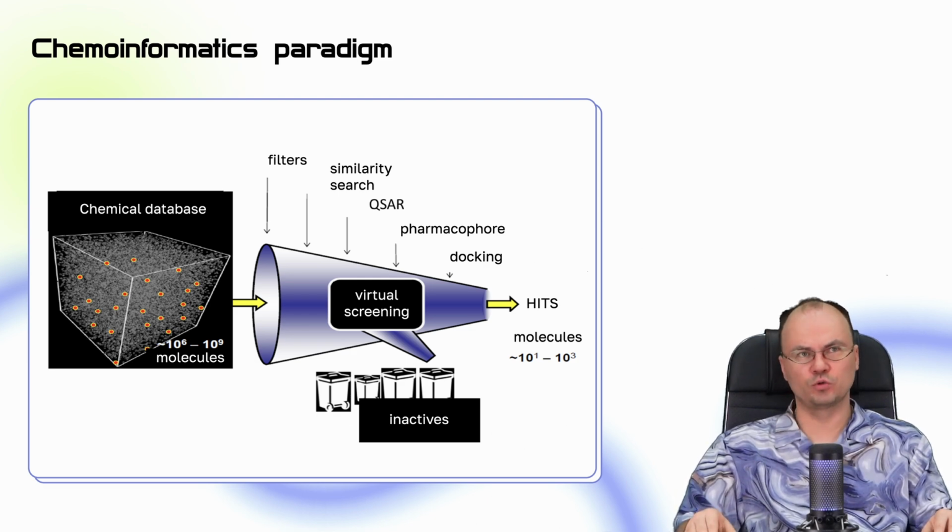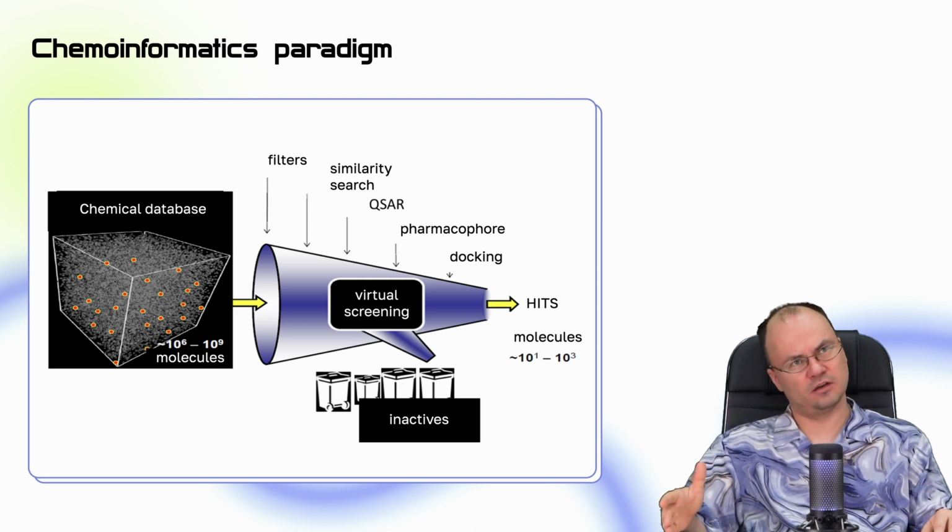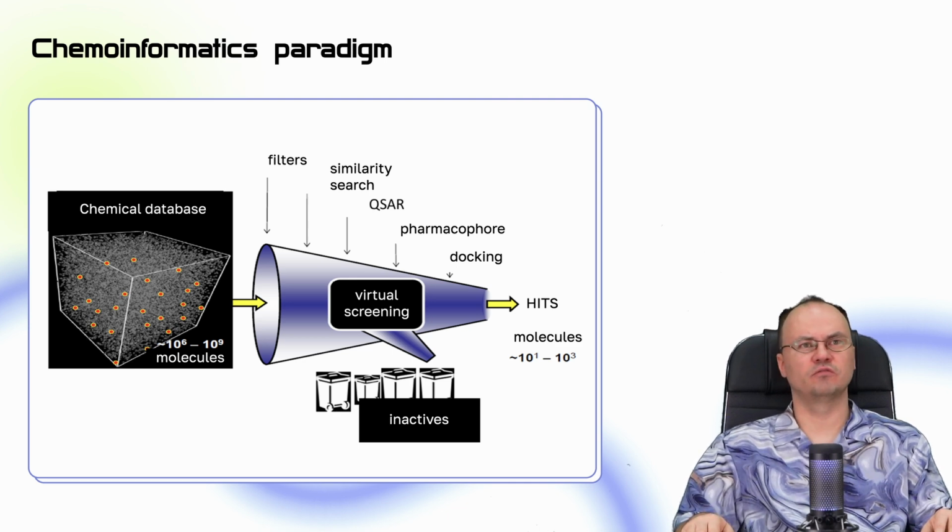These techniques include filtering algorithms, similarity searching algorithms, quantitative structure-activity relationship models, pharmacophore models, and different techniques based on molecular docking. These techniques are widely used for virtual screening because they are quite fast, but of course at some point they lack accuracy.